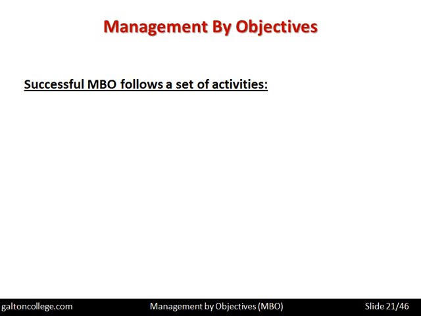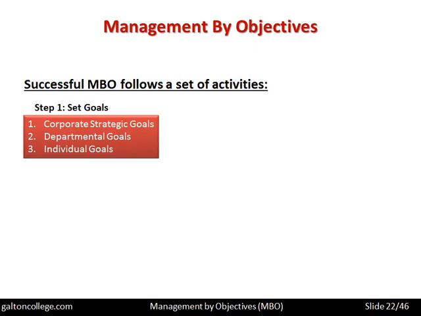Successful management by objectives sets or follows a set of activities. So there is a set of activities that we can imagine here in developing management by objectives. For example, set the goals of the organization, and these, as I said earlier, can be the corporate goals, or departmental goals, or individual goals.